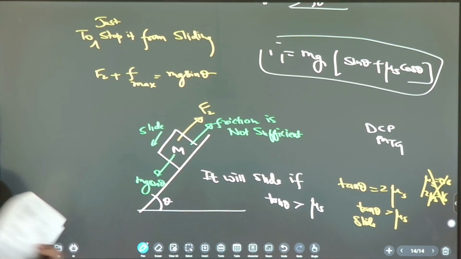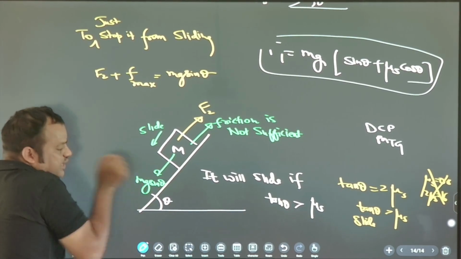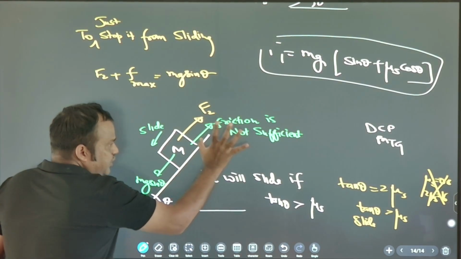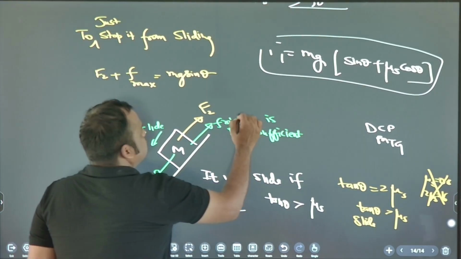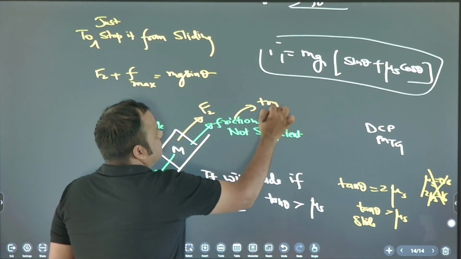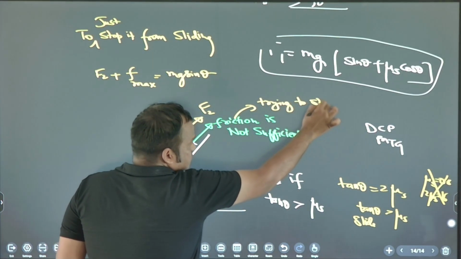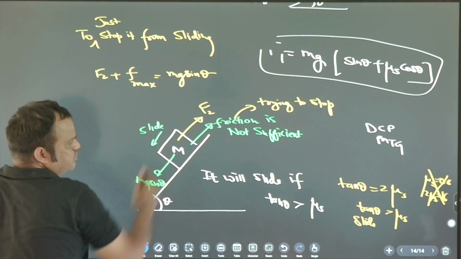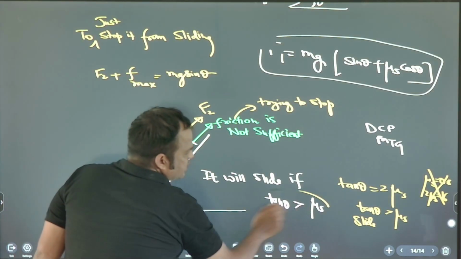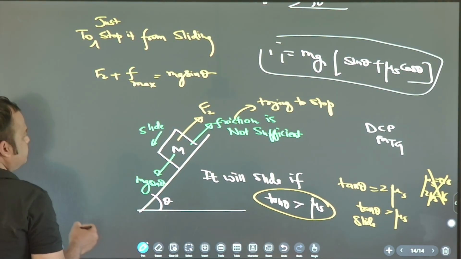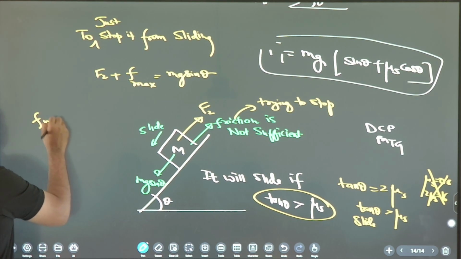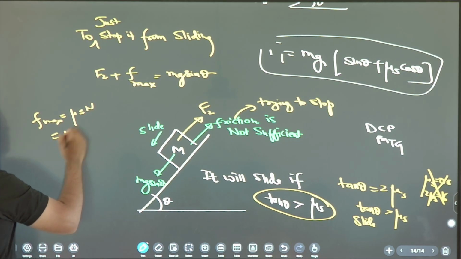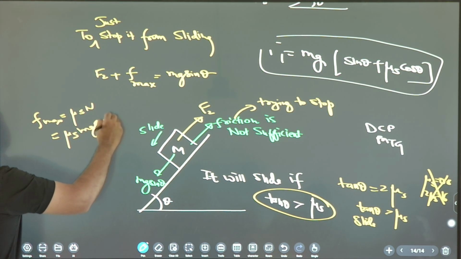Are you getting it? See, mg sin theta is acting down, correct? Friction is trying to stop it, but it is not sufficient. Why is friction not sufficient? Because of this condition. What is the maximum value of friction? Mu s N, that is mu s mg cos theta.